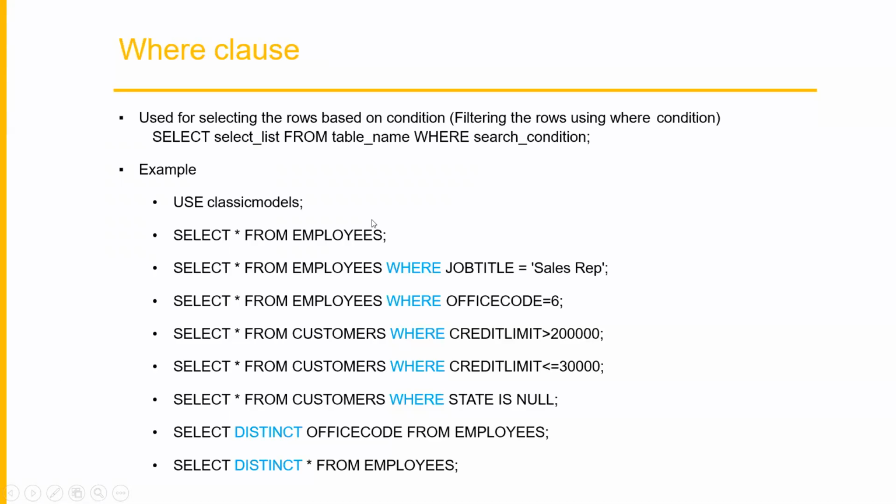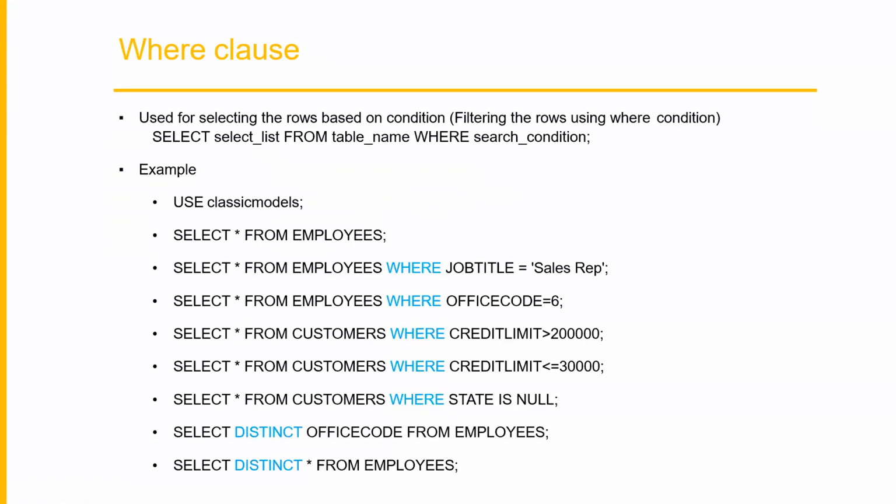Now we'll see what the where clause is. The where clause is used for selecting the rows based on some condition. So till now, what did we learn? When we want to read some data from the database, we can use the select command, and beside the select, if we specify star, we will get all the columns.